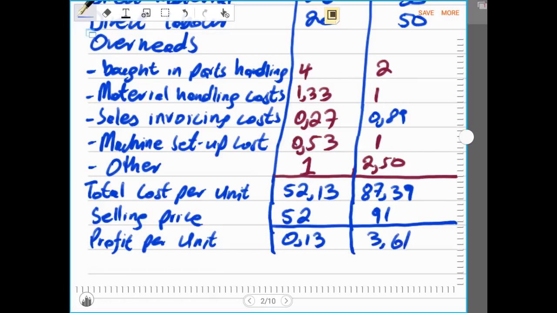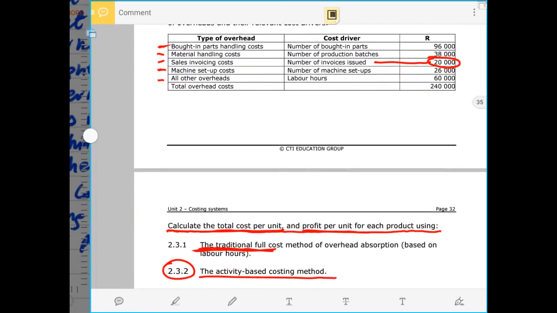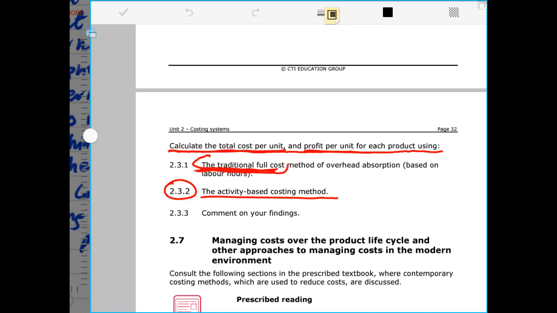Now the last question, which I will just do an overview of, and I will not comment that much on it. The memorandum makes it very clear. The next requirement is to comment on your findings. Remember, we are comparing traditional full costing, where the overheads are allocated using one base.